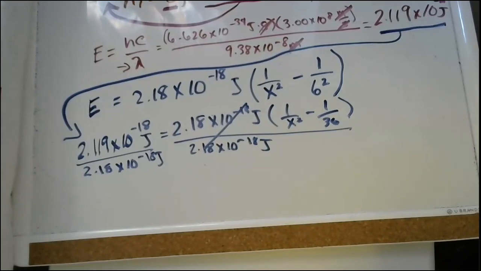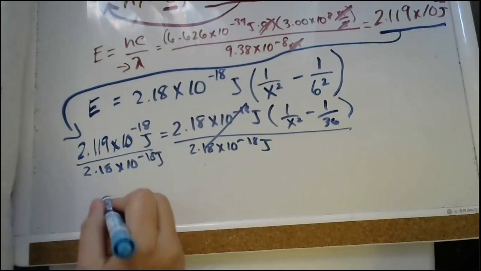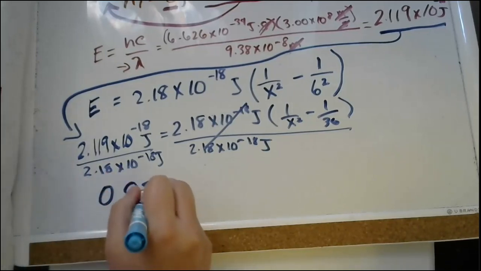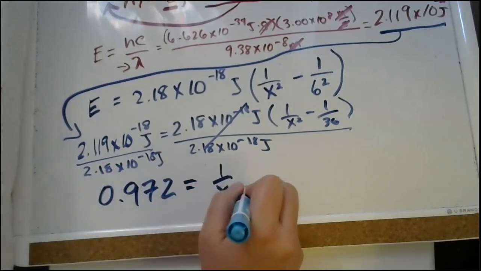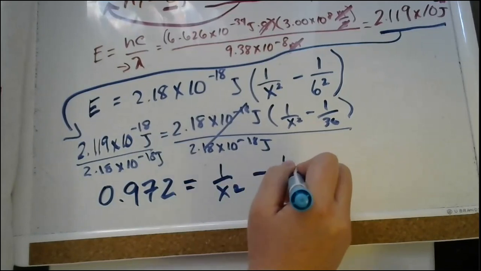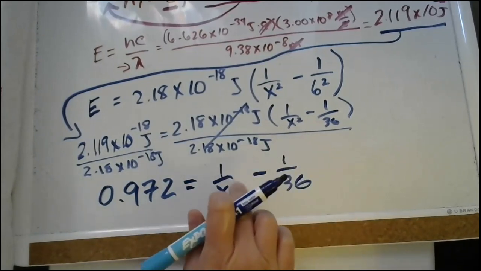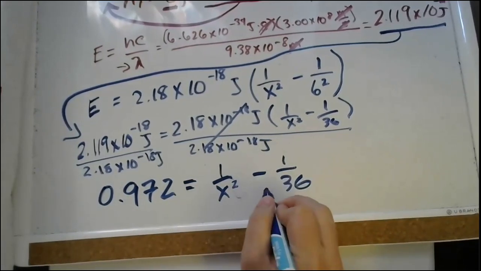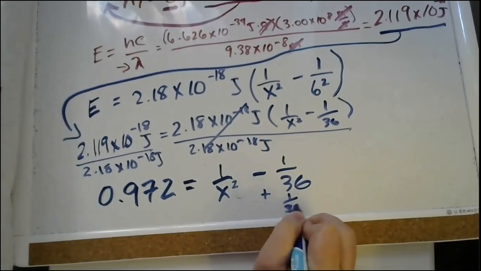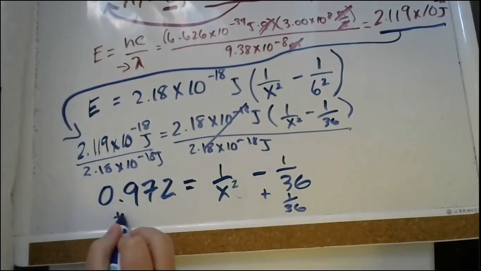Let's get a number for that, 2.18. 0.972 equals 1 over x squared minus 1 over 36. I do that because now I don't have to worry about this whole fraction situation. I'm just going to add 1 over 36 to both sides.